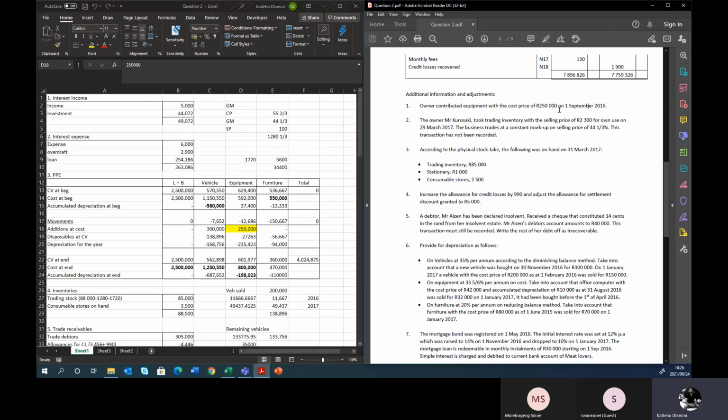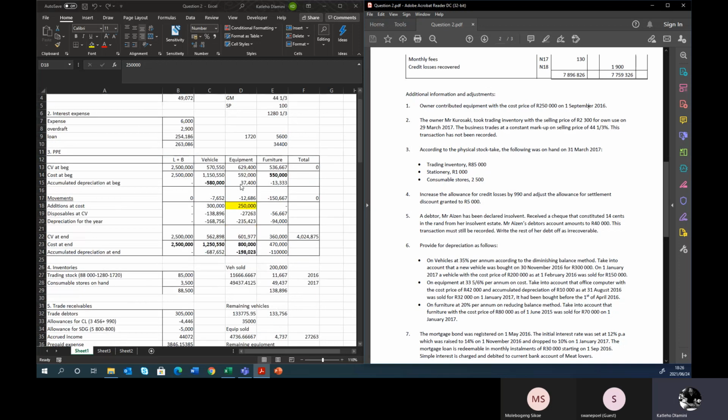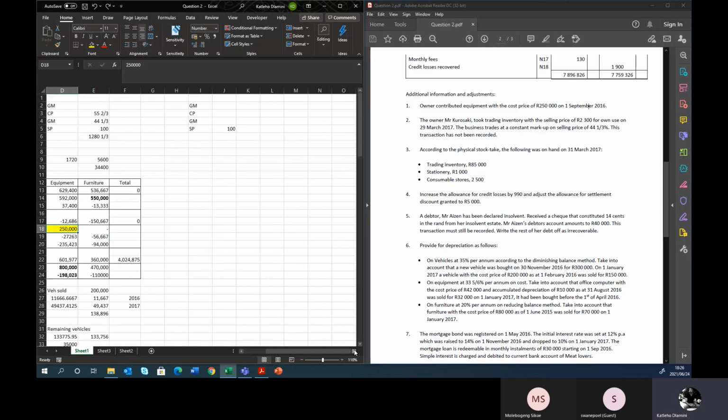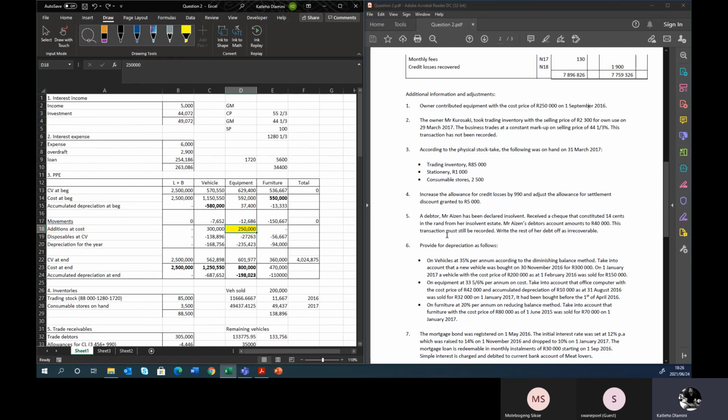What I need you to do always is to draw yourself a timeline if you're given a depreciation calculation. A timeline will help you quite a bit. Let me open a Word document, then I can draw on that instead.